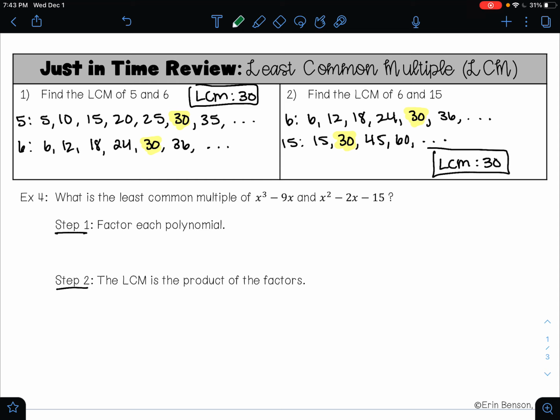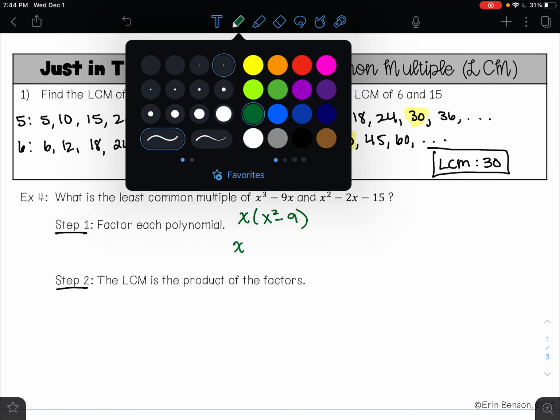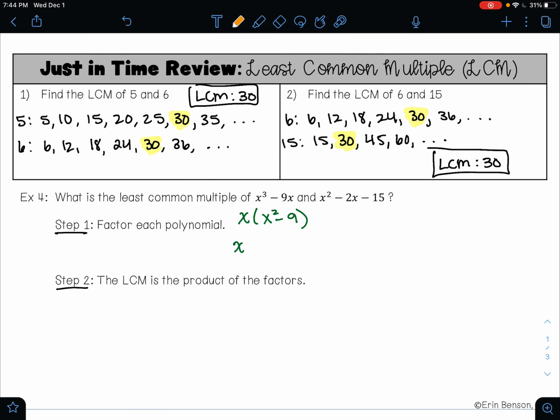For the first polynomial, x cubed minus 9x squared, I do have a GCF of x. When I factor that out, inside parentheses, I'll have x squared minus 9. I can continue to factor this. X squared minus 9 is a difference of 2 squares, and so I can factor that as x plus 3 times x minus 3.